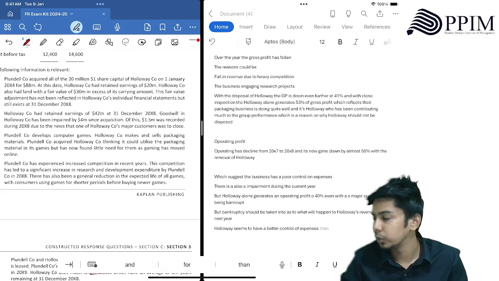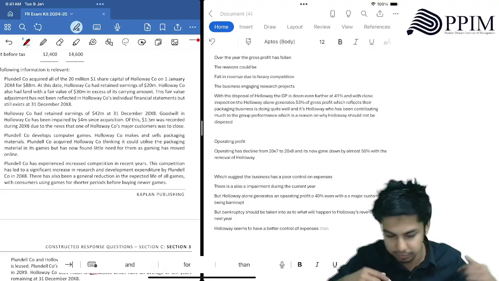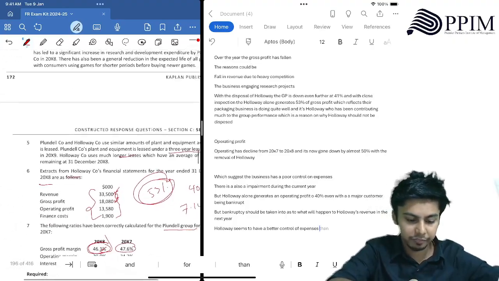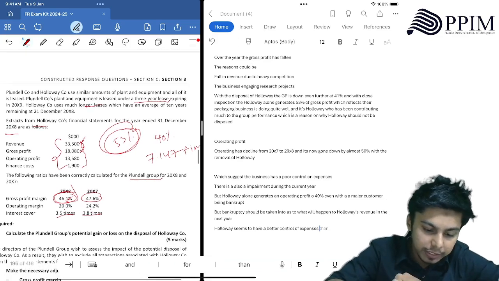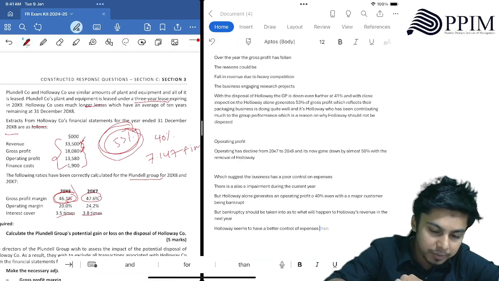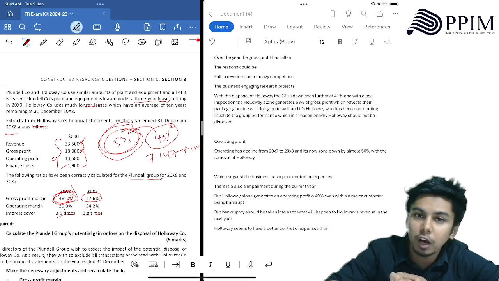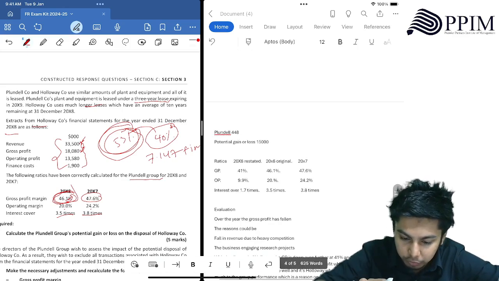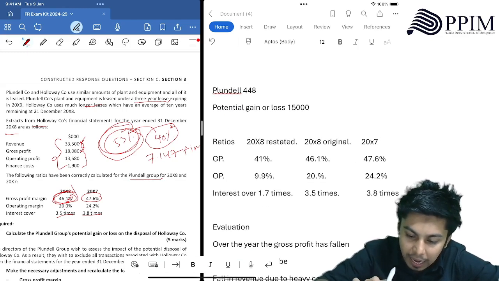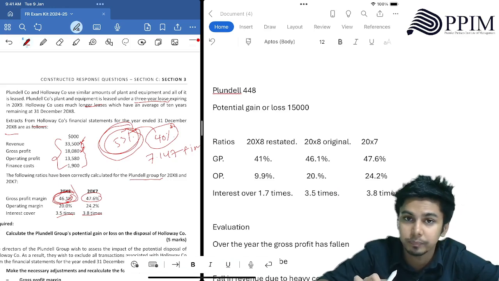Now guys, why do I say that this person has a better control of expenses? When I calculated this person individually, gross profit is 53%, but operating profit is 40%. That means they are losing only 13%. But as a group, we have lost 26%.